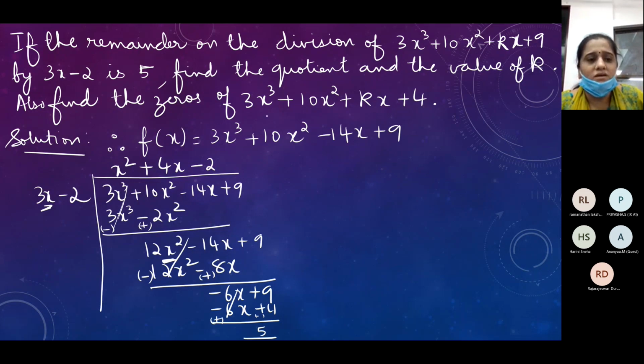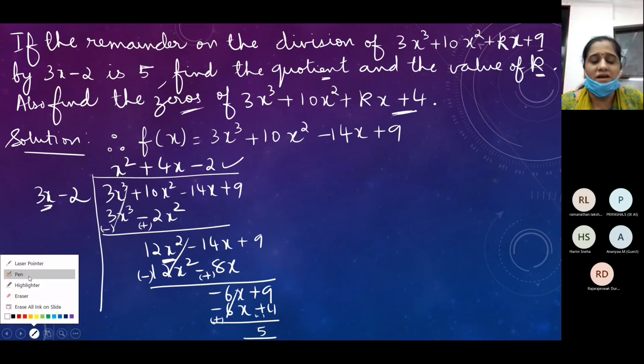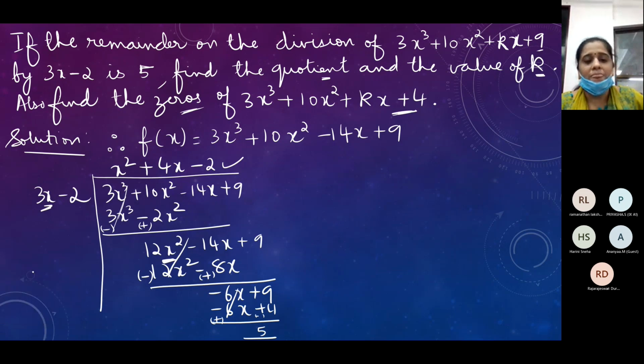We are finding the zeros next. We found the value of k and then we found the quotient. Next, we're heading to find the zeros of this polynomial, which is different from what is given here. Let me just finish it. Yeah, you're right, Ananya. Let me just finish the next one.